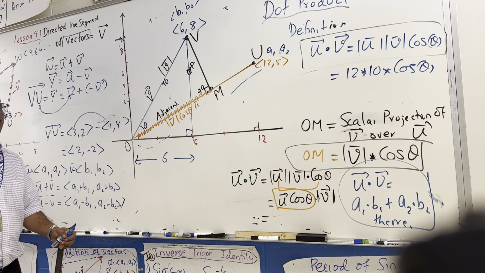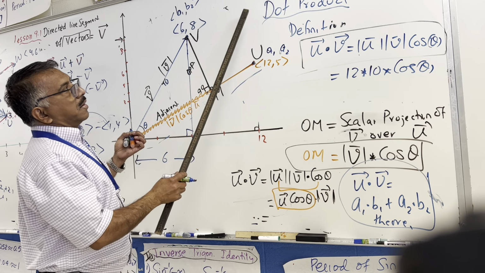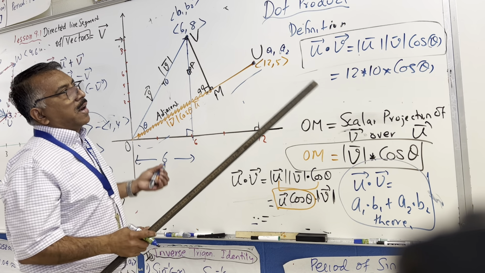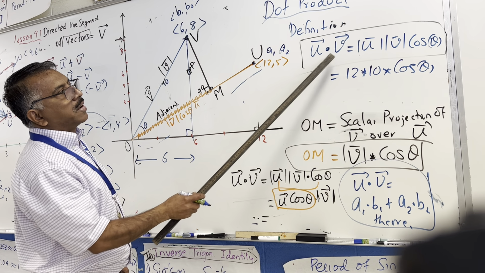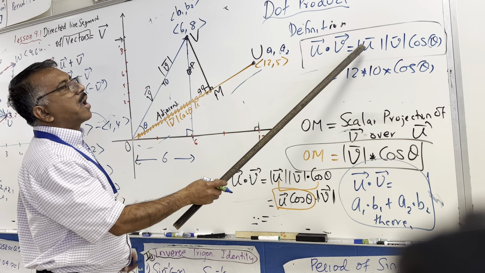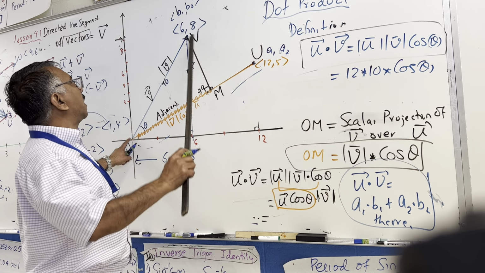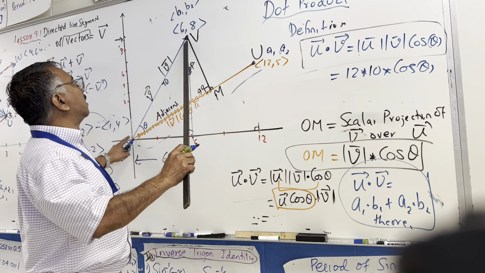Too much stuff is going on. Okay, let me conclude now. What did I say? The dot product is defined this way: if you want to multiply two vectors with the dot product, you multiply the two magnitudes, the orange one and the blue one, and then you multiply by cosine of the angle. That's all it is.